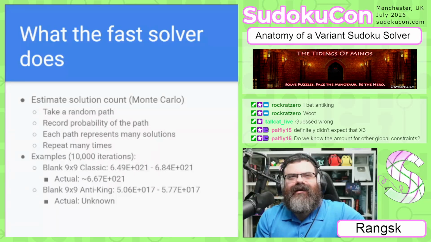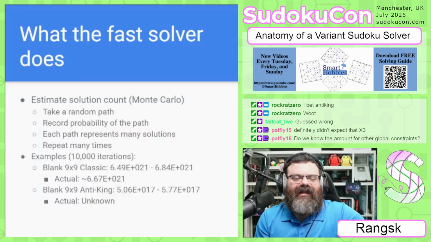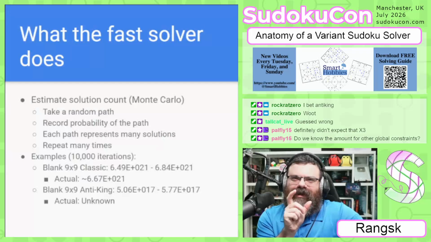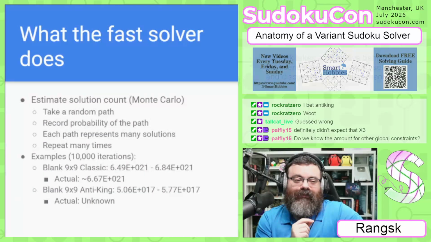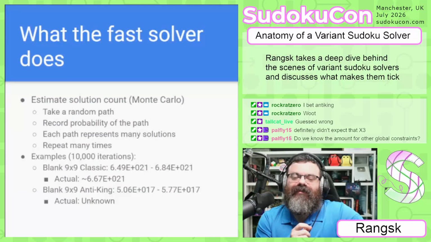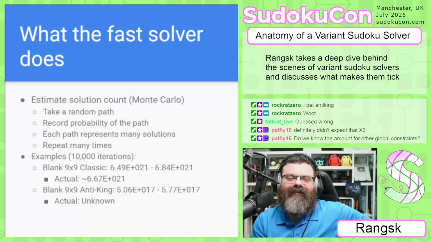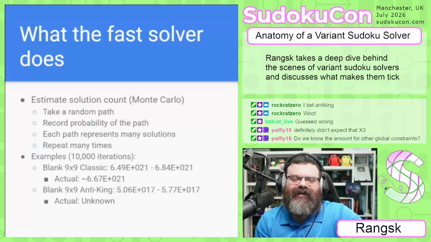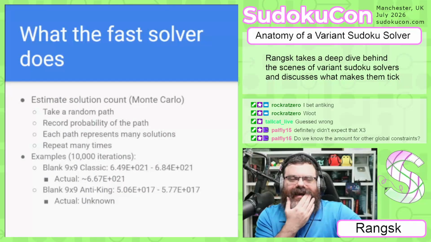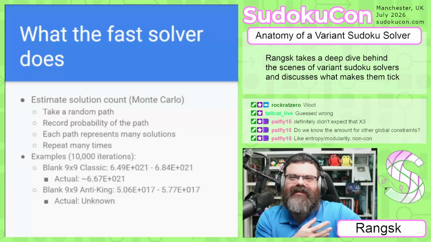Now, what's interesting is the Monte Carlo estimator can also tell you whether your constraint is volatile. For something like classic Sudoku, anti-king, or Sudoku X, it very quickly narrows down the range and has a high confidence. If you do this for non-consecutive, it has a lot of trouble. It bounces around. The confidence gets worse and better. It'll have a very poor confidence for quite a long time. That's partially because the solution space is small.